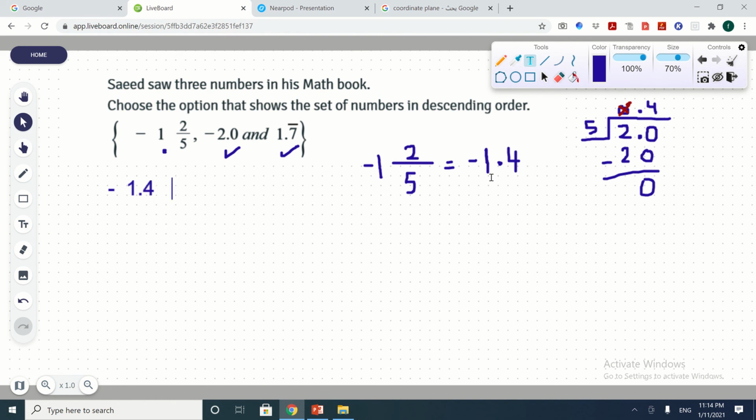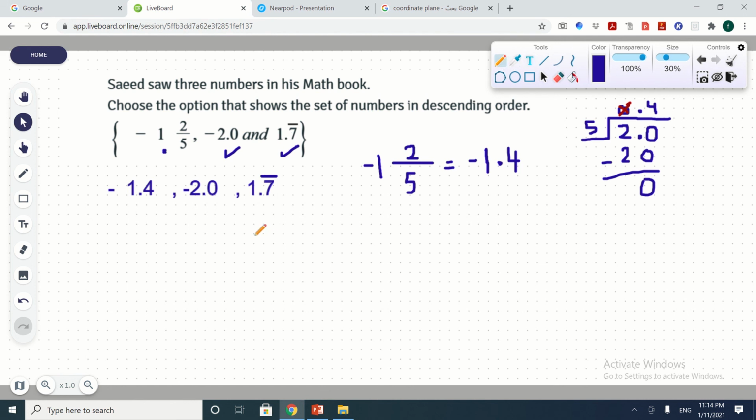After this one we have -2.0, and then 1.7, where the 7 is repeating.